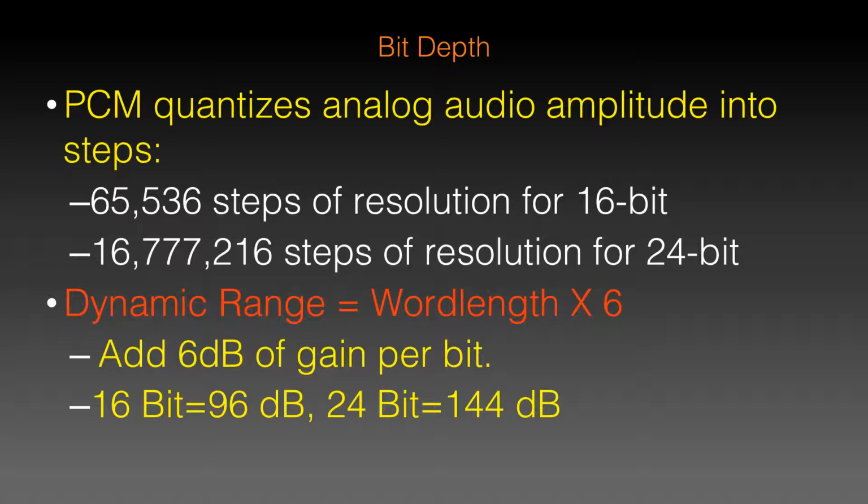Thinking about how to measure this in exact terms, each bit of word length that you add adds 6 dB of dynamic range. That means that 16-bit equals 96 dB of dynamic range, and 24-bit equals 144 dB of dynamic range. The more steps you have, the more likely it's going to be able to plot your contiguous waveform onto your piece of graph paper.